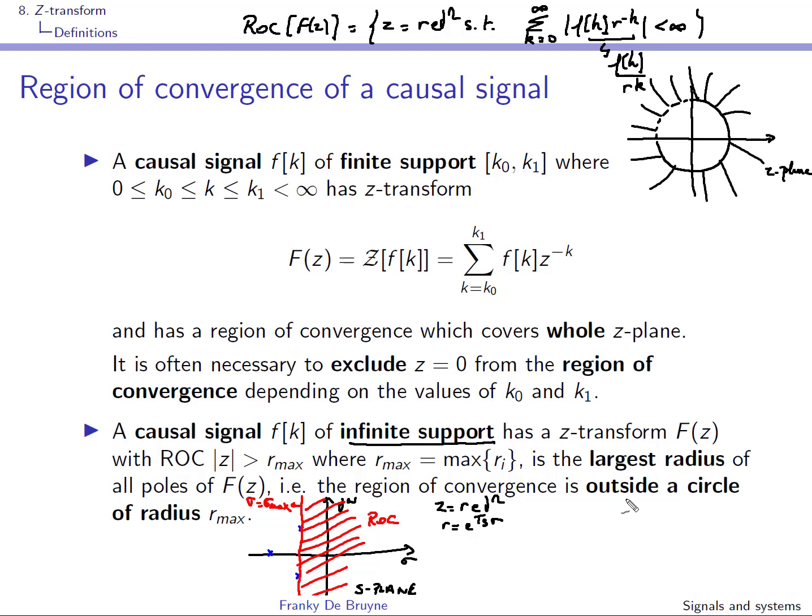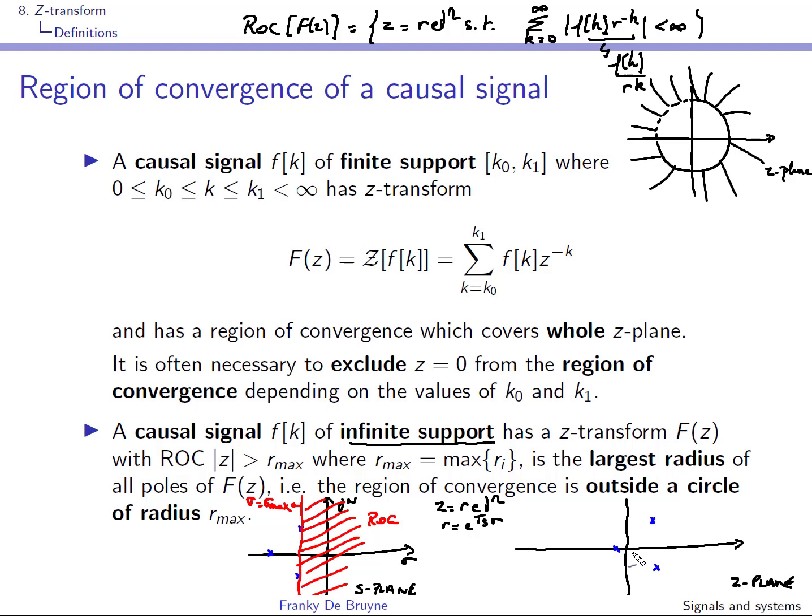So we can do something similar, and this will now be the Z-plane. We can have a look at all the poles. For instance, here we have 3 poles, 2 complex conjugate poles and a real pole.